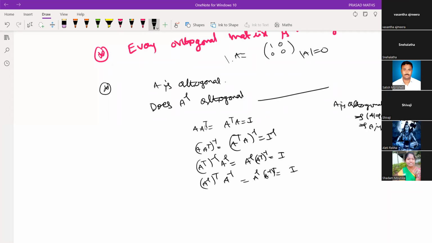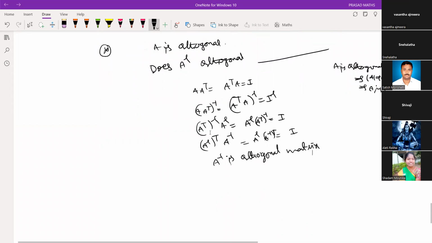Therefore, A inverse whole transpose times A inverse equals the identity matrix, which tells you that A inverse is an orthogonal matrix.